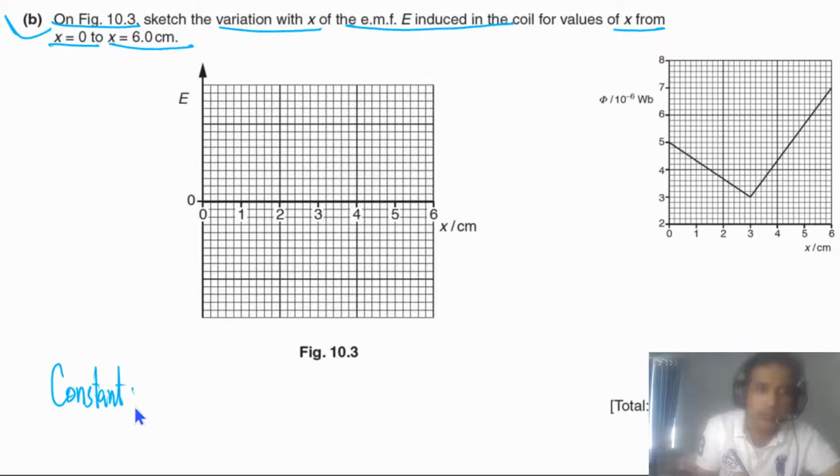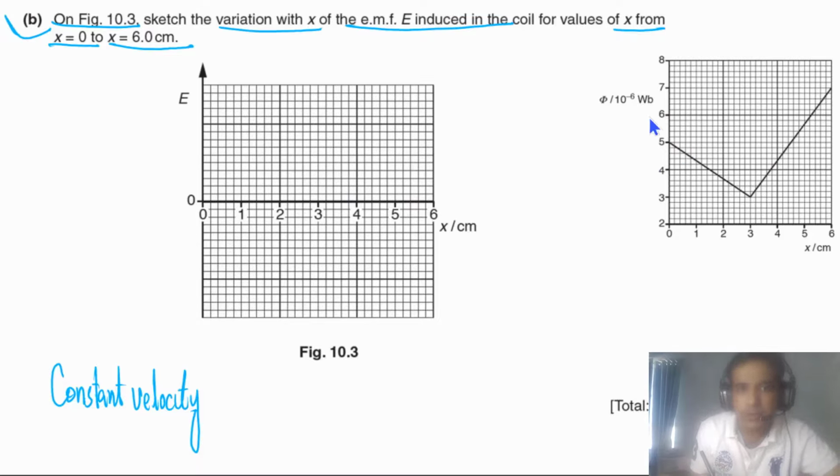If you look at the given graph, we have flux on the y-axis and x on the x-axis. As the coil is moving with constant speed, if the distance is the same, 3 centimeters here and 3 centimeters here, then speed is the same, so time taken is also the same.